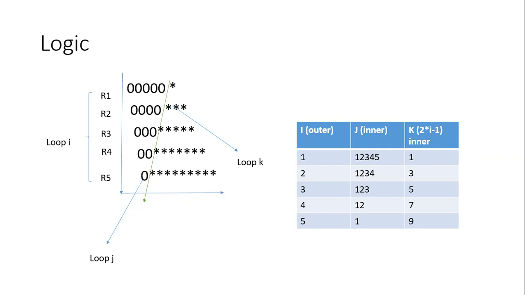So in the first iteration, it will print 1 static. In the second iteration, 2 into 2, 4, 4 minus 1 is equal to 3. So it will print 3 statics. And in the third iteration, it will print 5 statics, 7 and 9. So in this way, we can create the pyramid.